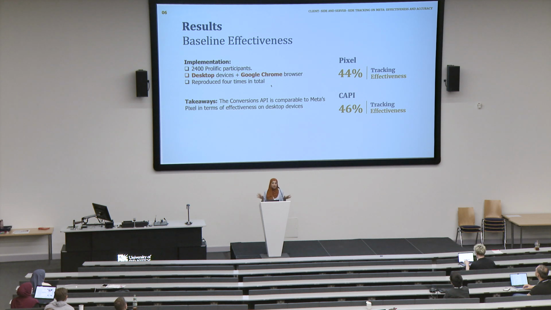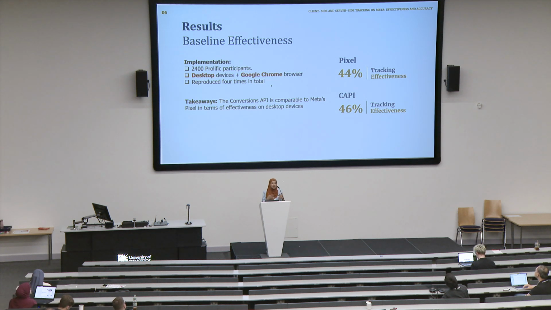Now, we had a lot of interesting results, so I tried to pick out just the key takeaways. So first of all, we set up a measurement of the baseline tracking effectiveness of the Conversions API. What we did is that we put to test the Conversions API against the pixel. So we set up the most ideal conditions for the pixel. We had no ad blockers allowed, no VPNs, no private search extensions, and a browser that supports third-party cookies.